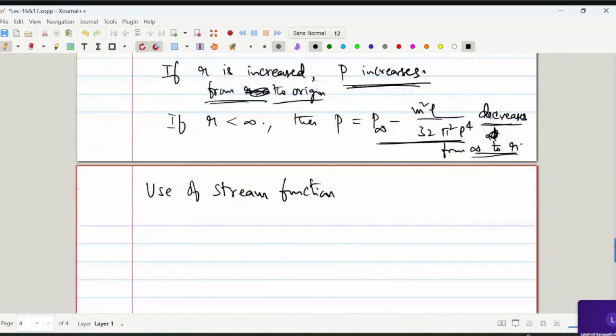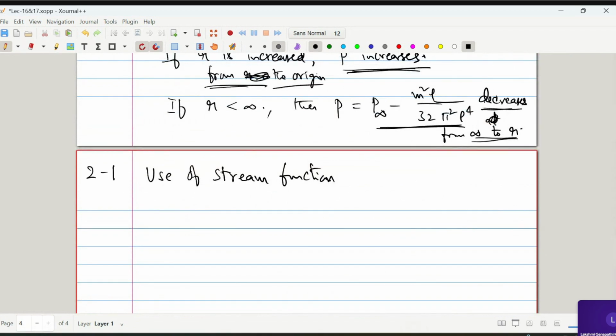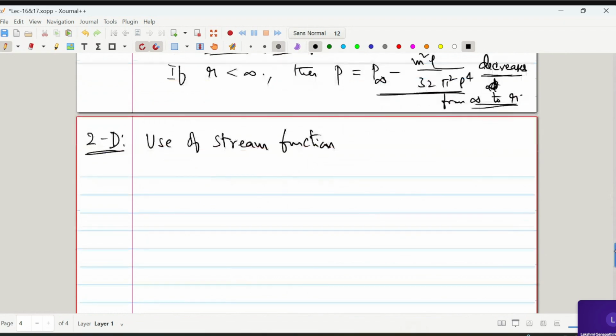Now coming back to 2D. We are doing 2D, so use of the stream function. Using the stream function, you have given some source, sink, and what else have you done? Vortex flow you have shown last class using polar coordinates. Now, what is the use of this?